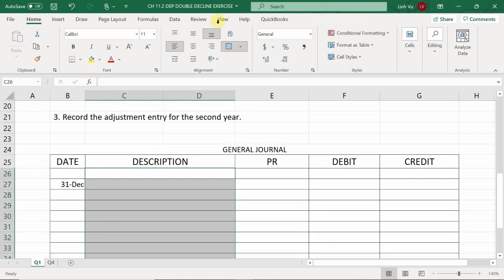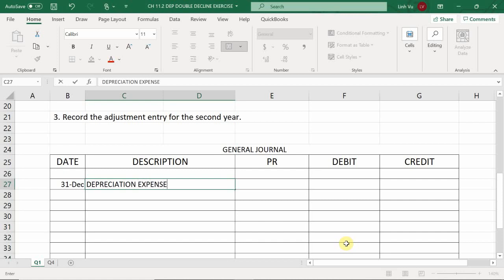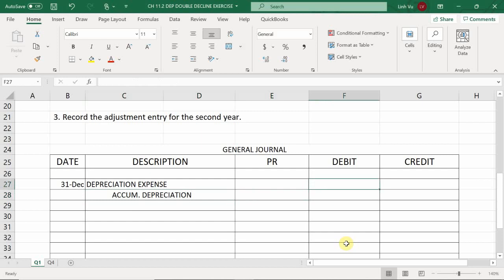So you have depreciation expense and accumulated depreciation. Good, yes. So you have depreciation expense and you have the accumulated. I'm going to put accum for short. Depreciation, right? For your $120.